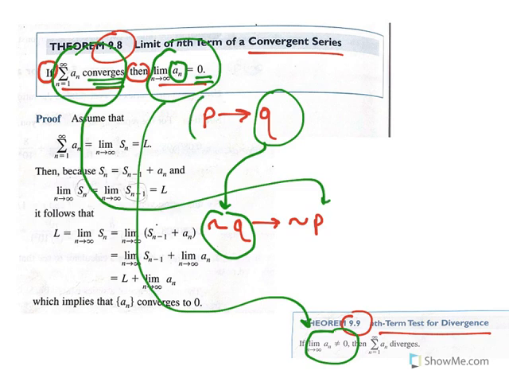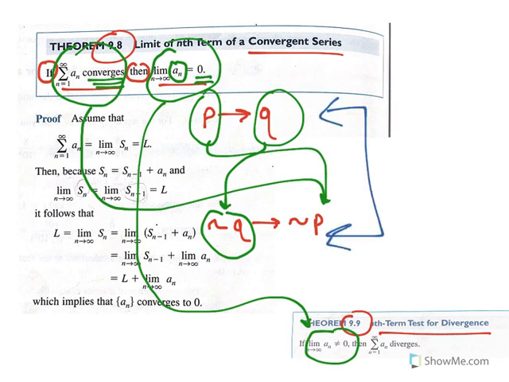So we have P implies Q, and in theorem 9.9 we have not Q implies not P. So the relationship between the two theorems is that theorem 9.9 is the contrapositive of theorem 9.8. And in logic, a conditional statement is logically equivalent to its contrapositive. So if one is true, the other has to be true.